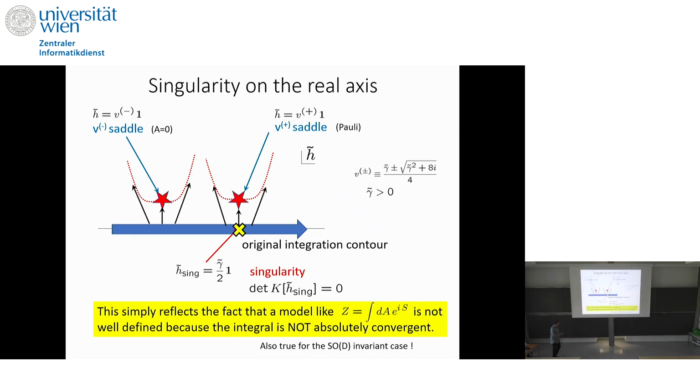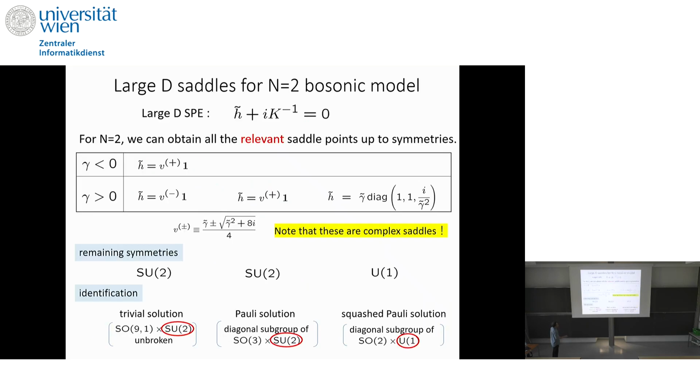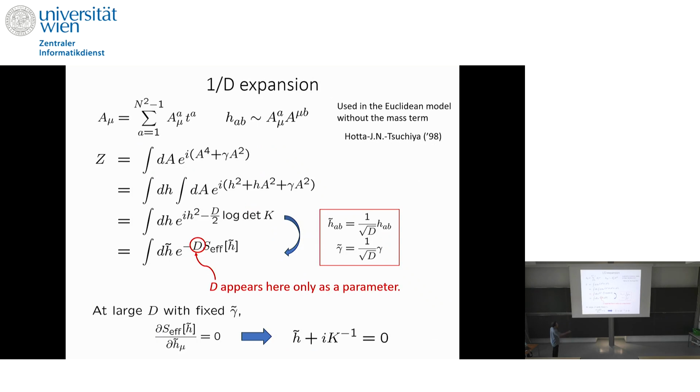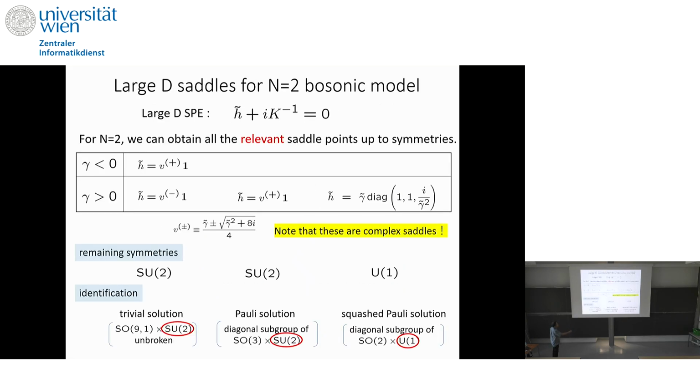Now, there's one subtle issue here in this 1 over D expansion, and that is the fact that you actually have a singularity along the original integration contour, which looks like this. And this is the point where this determinant K vanishes. Determinant K is the term in the action here that you obtain after integrating out A. Okay? And the reason why the singularity appears on the real axis is very easy to understand.